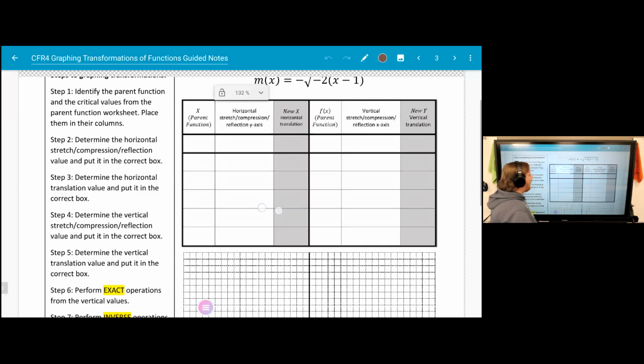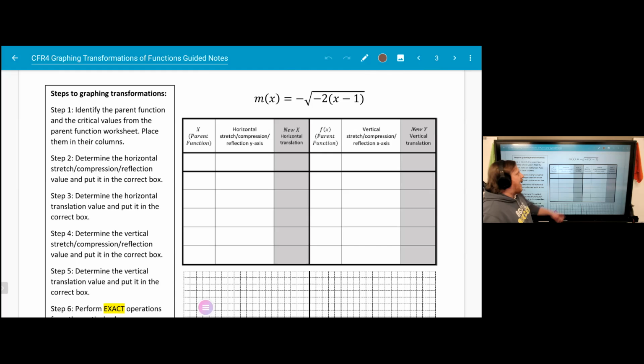We need to, number 1, find the parent function. I see this square root. There we go. Parent function is square root of x. And so those critical values were 0, 1, 4, 9, and 16. Again, it's okay if not all the values fit on there.